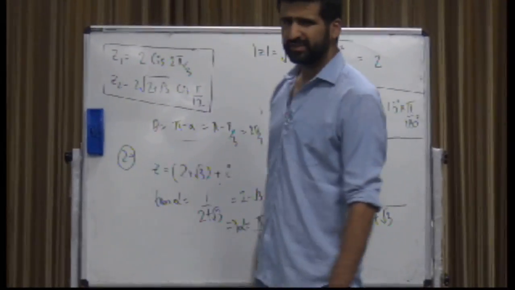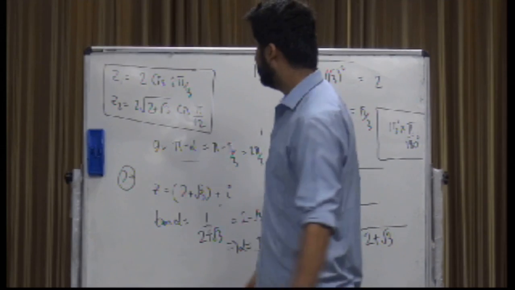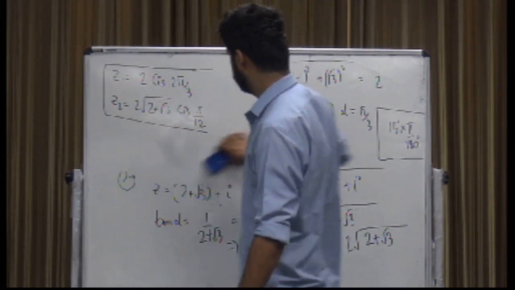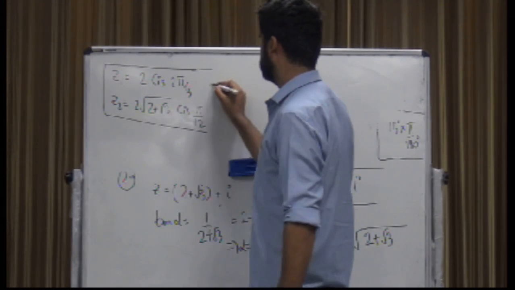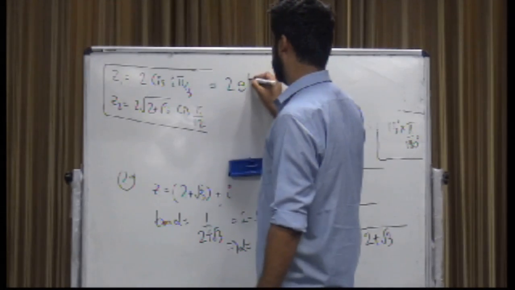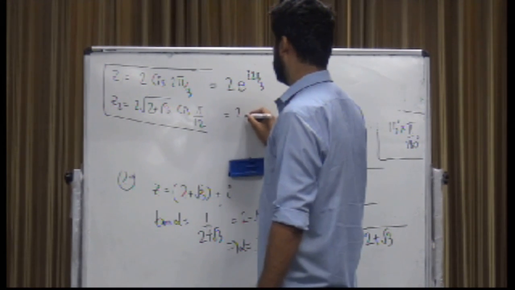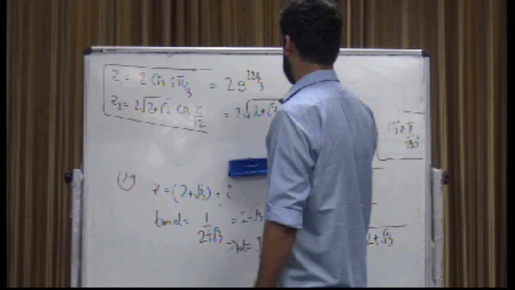So I think last time we did the Euler form as well. Yes, sir. E to the power, right? So how will I write these two complex numbers in Euler's form? So it's very easy. 2 pi by 3. And the other one is 2 under root 2 plus root 3 e to the power iota pi by 12.